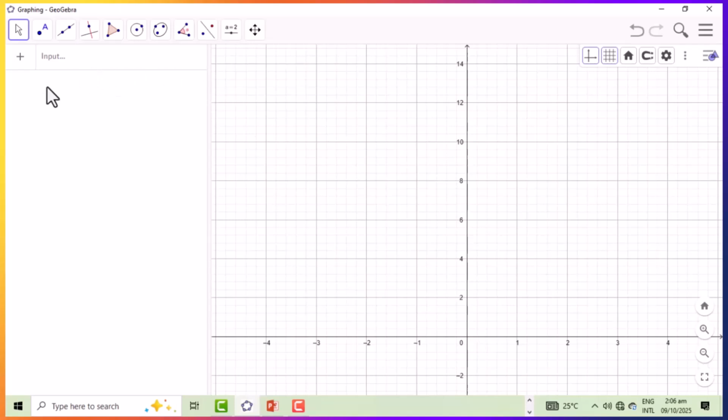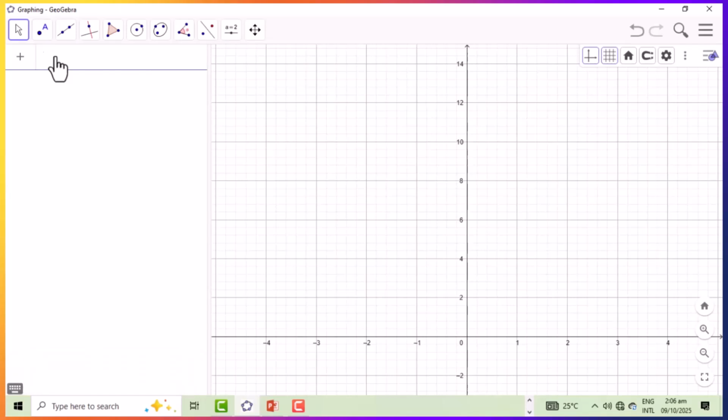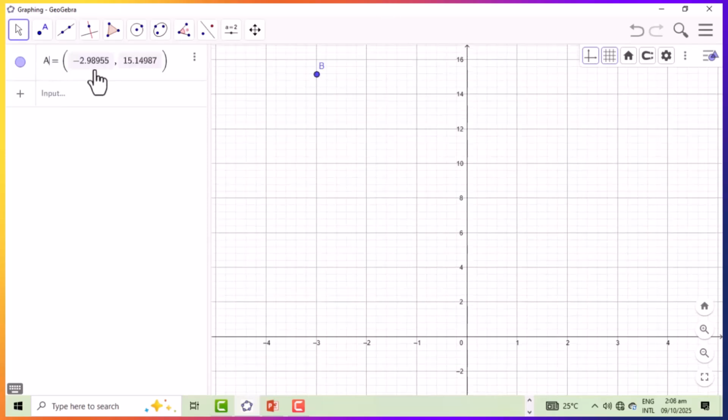For the first point, we have negative 3 for x, 15 for y. So I'm labeling that point A. After locating the point, I didn't get the exact figure, so I'm now going to insert in the exact figures.